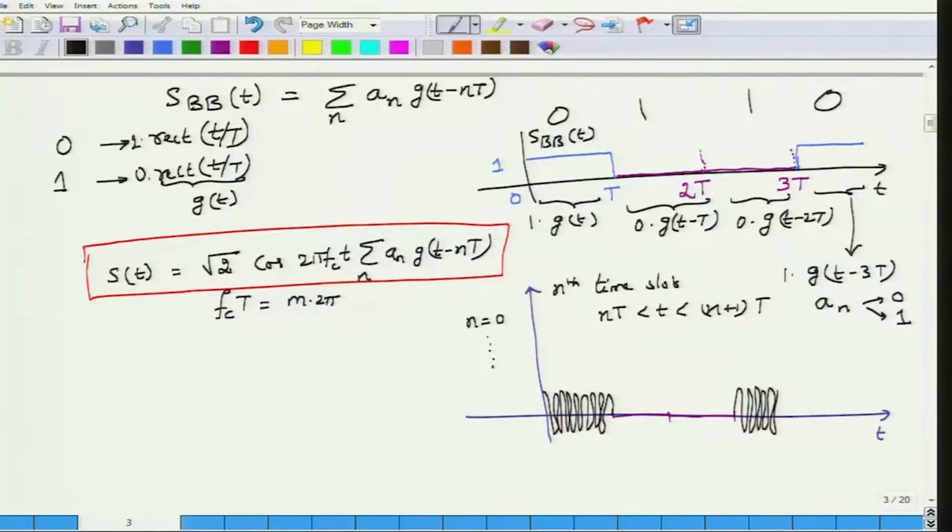Of course you have to understand that these cycles which I am showing would not even be visible if you were to measure the electric field, because the frequency for optical communication is around terahertz, which is 10^12 hertz, whereas the data rate is on the order of about gigahertz, which is 10^9 hertz.